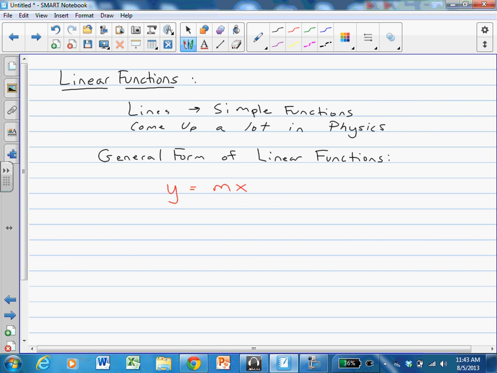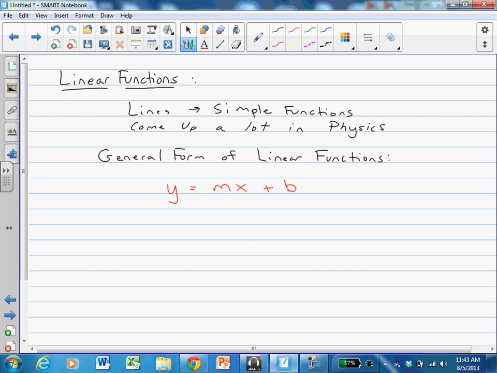But for us, many times the x and the y aren't x's and y's. Those are just symbols, but we'll use things like velocity and time and stuff like that. So we'll have different symbols, but they'll still follow, many of them, linear trends.